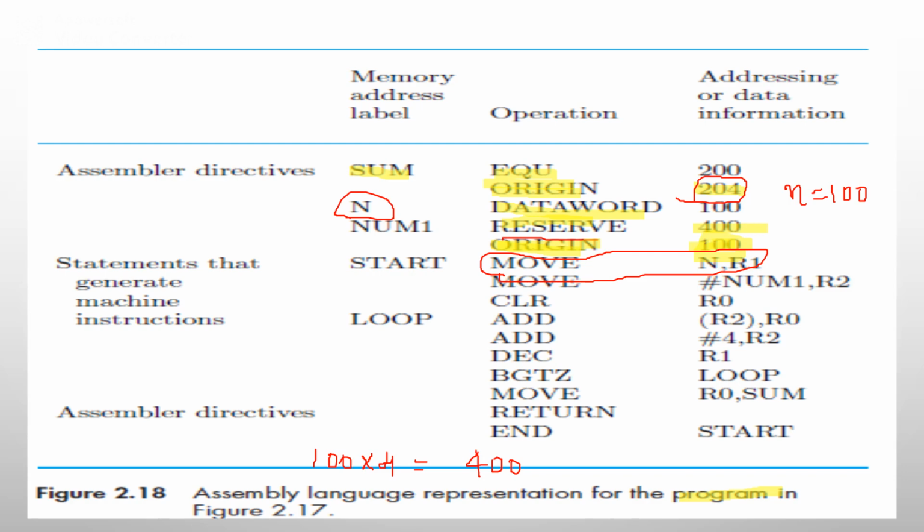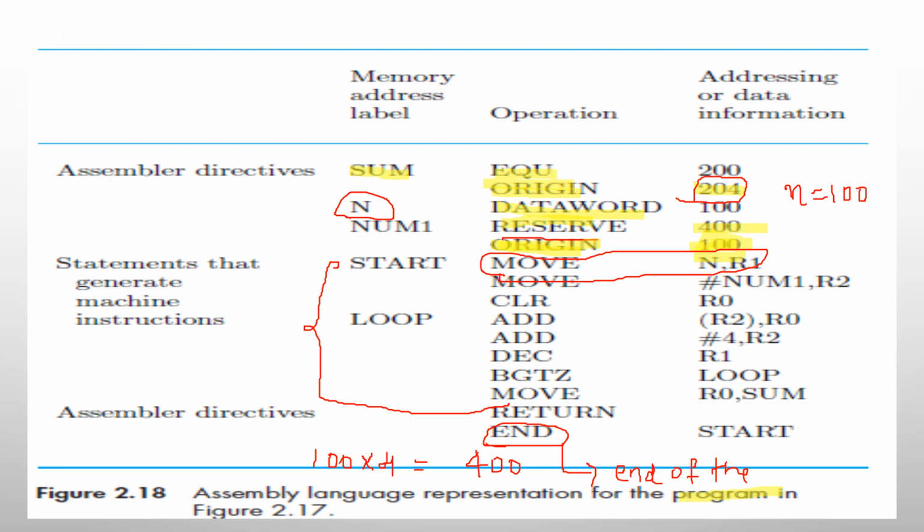So the actual program starts here, followed by return and the end directive. The end directive informs the assembler that this is the end of the source program.